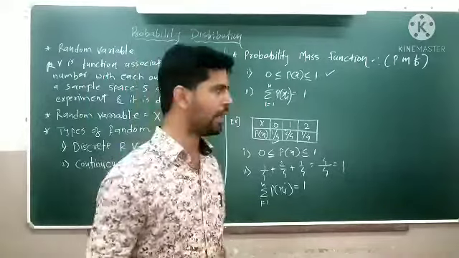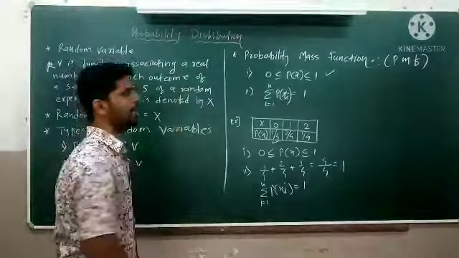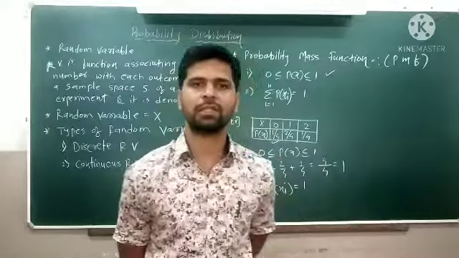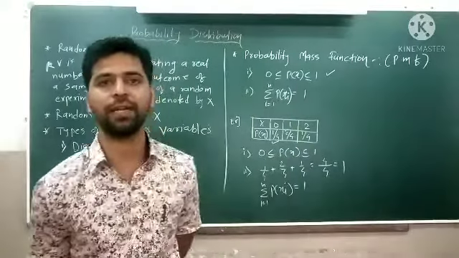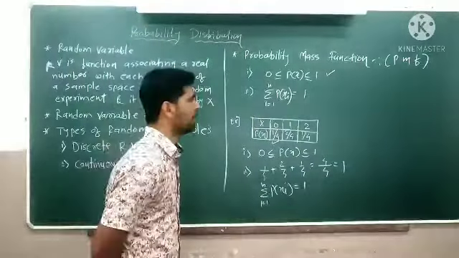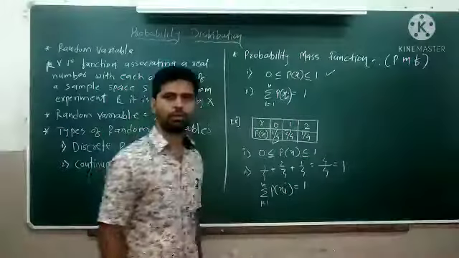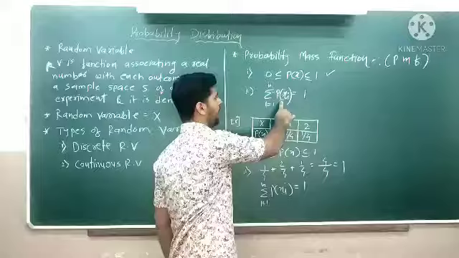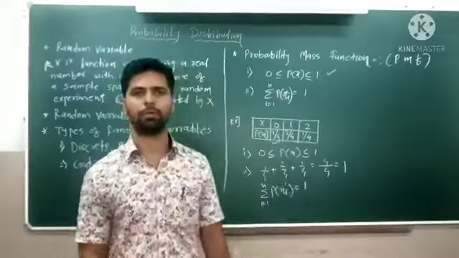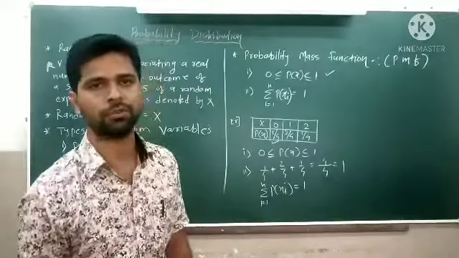Okay, so I'll revise what we have seen. What is the probability mass function? The function which satisfies the given two conditions. First condition is every probability should belong between 0 to 1. And the second condition is the sum of all probability should be 1.